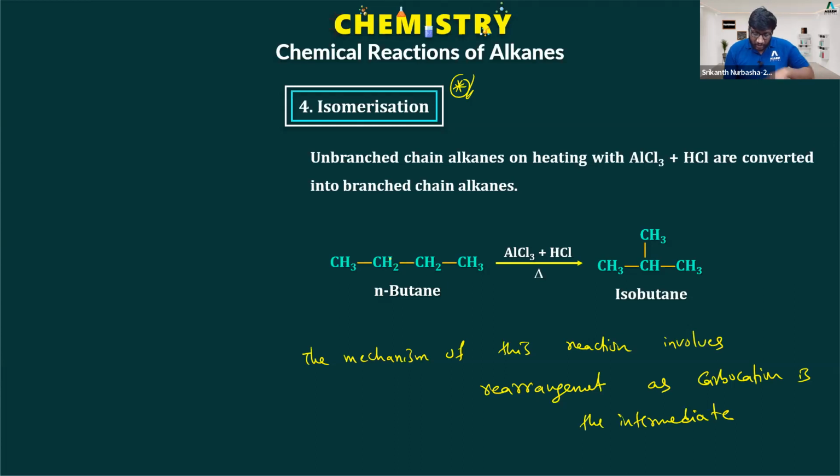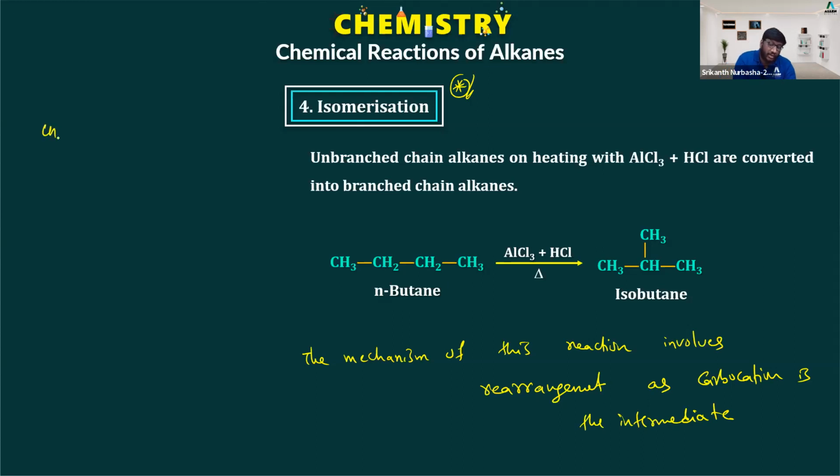Because of high temperature, the C-H bonds are going to be cleaved, and you will be generating CH3CH2CH2CH3 to CH3CH(+)CH2CH3. That will undergo methyl shift to form the respective more stable carbocation. Yes or no? In that way, you will be generating isobutane. The n-butane to isobutane conversion is happening through rearrangements.